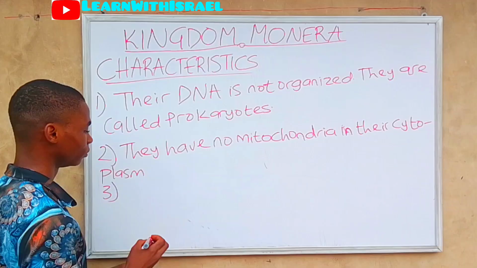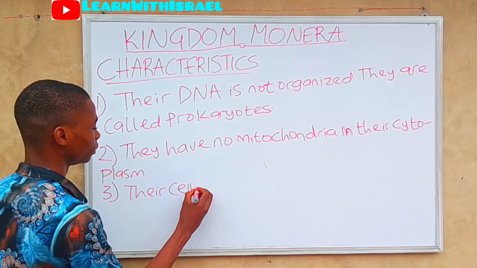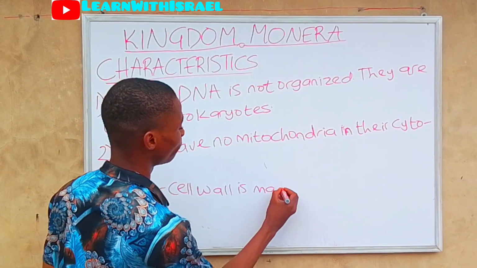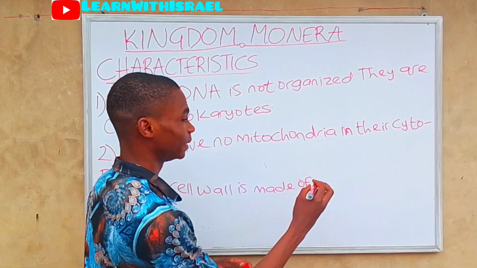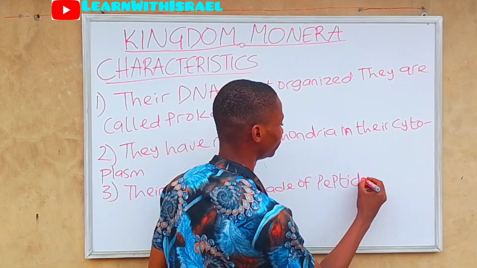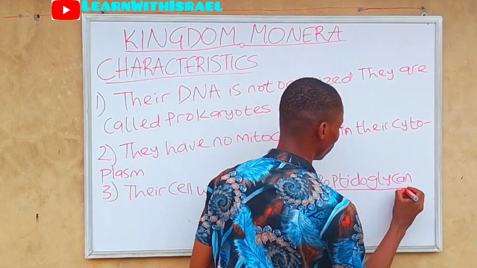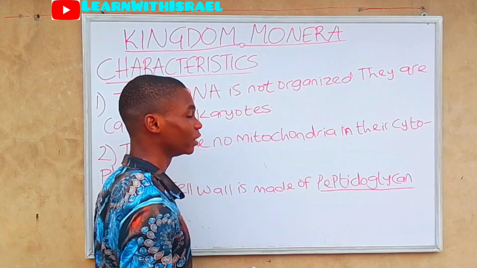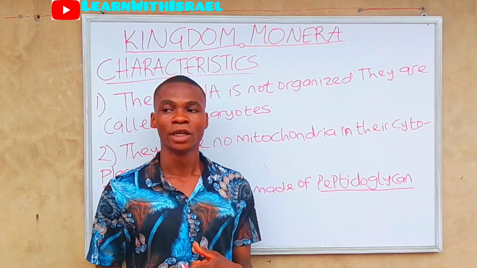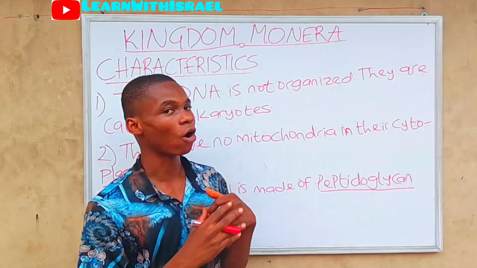Another characteristic is their cell wall is made of peptidoglycan. It is not made of cellulose. You know, a lot of cell walls are made of cellulose, but it is different in the case of Monerans.